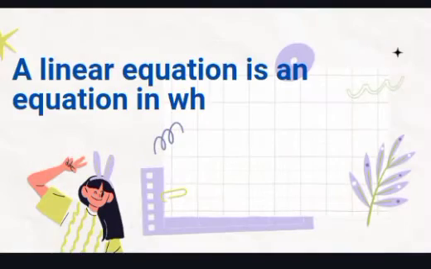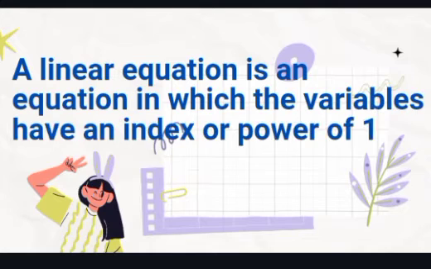So basically, a linear equation is an equation in which the variables have an index or power of 1. In other words, the variables are not expected to have a power of, say, 2.